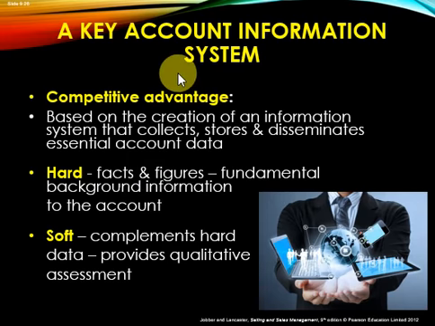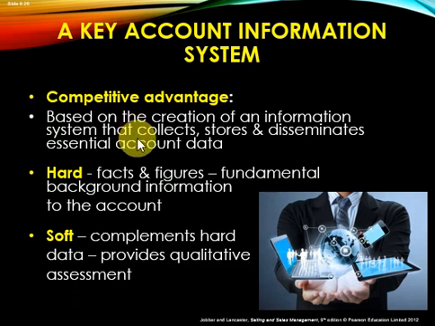Information systems for key accounts is also important. Again, it provides you with joint resources and can give you a competitive advantage if the information system that you have in place is very efficient in collecting, storing, and disseminating essential account data.